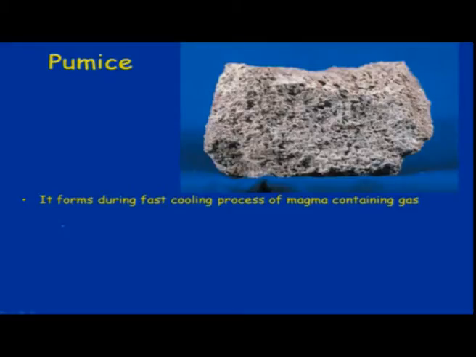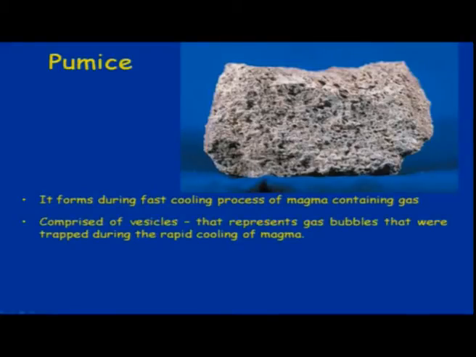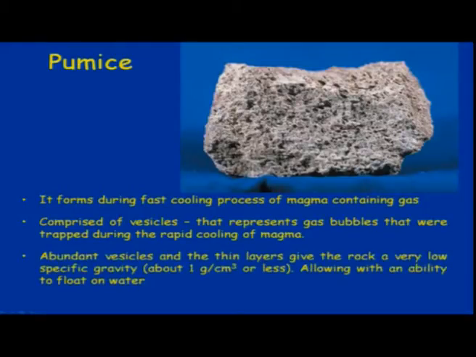So, the eruption or the removal of the gases results in the left out pores, what we call the vesicles. These comprise vesicles that represent the gas bubbles trapped during the rapid cooling of magma. When they are released, the left outs are the vesicles.